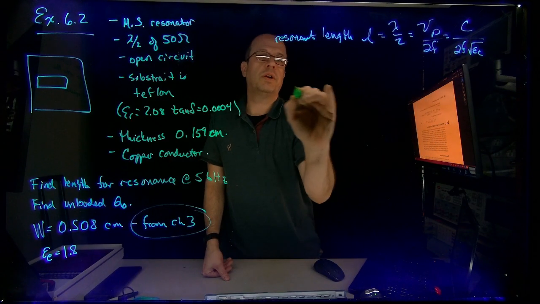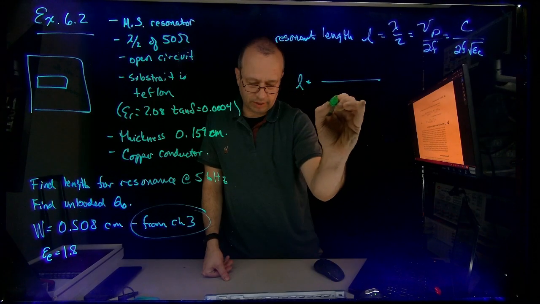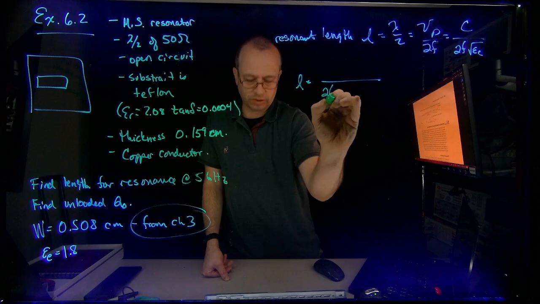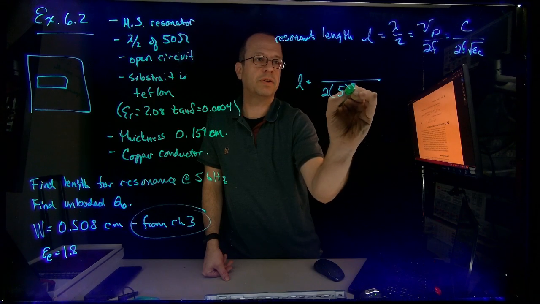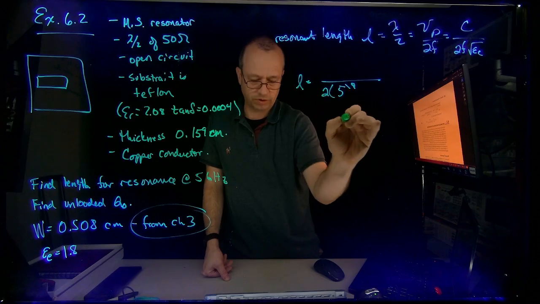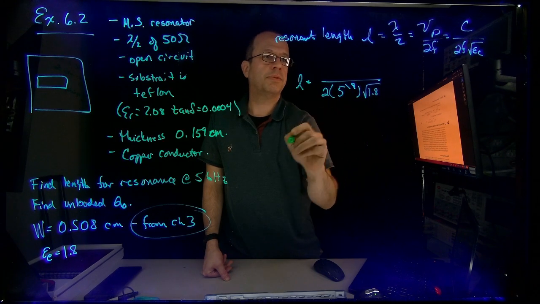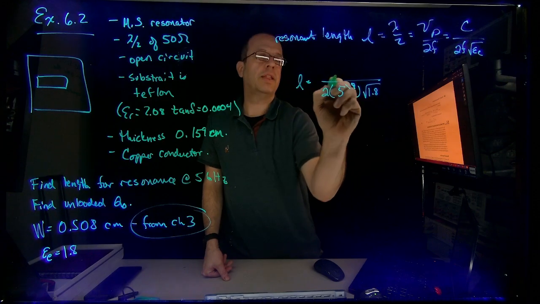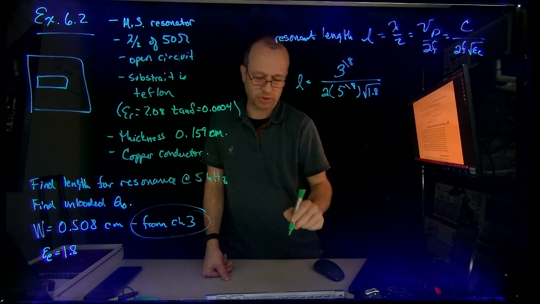Now we're going to plug all this in. L equals, and I'll do the denominator first so I can write this prettier. This is 5 times 10 to the 9 times the square root of 1.8, and then the numerator is C, so that's 3 times 10 to the 8 meters per second.